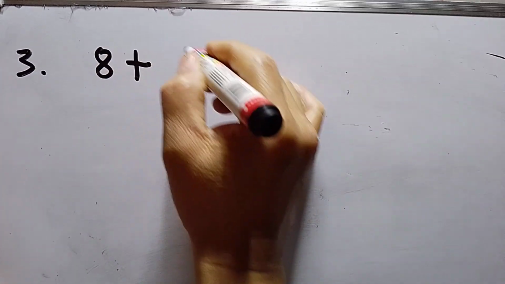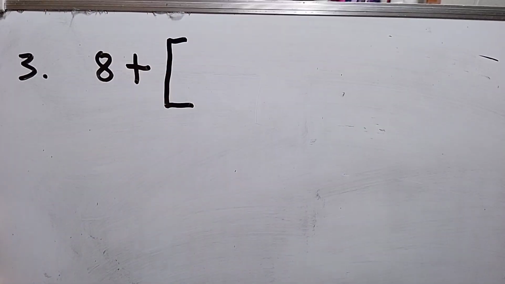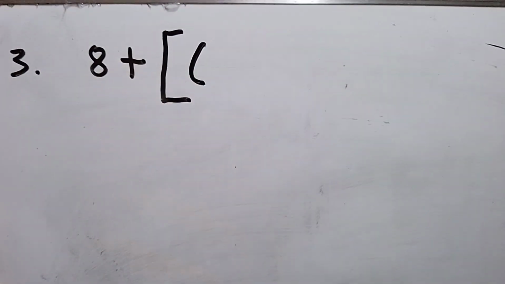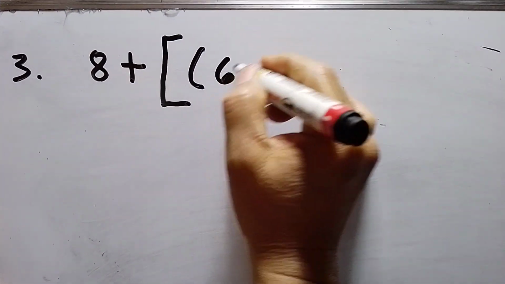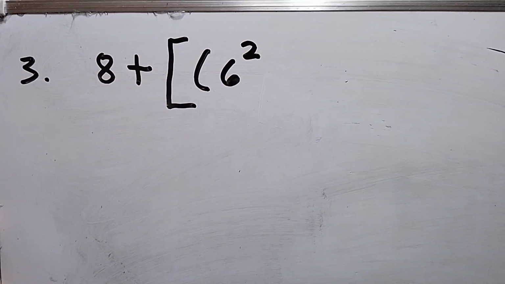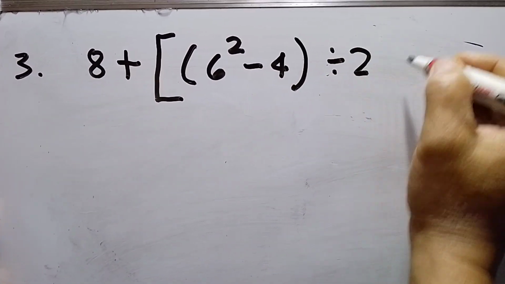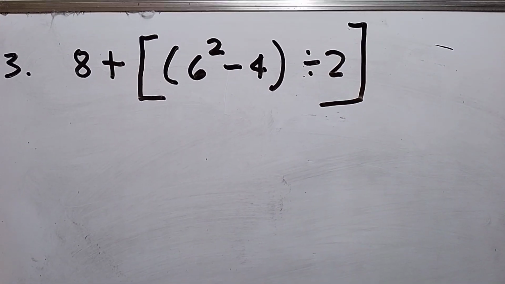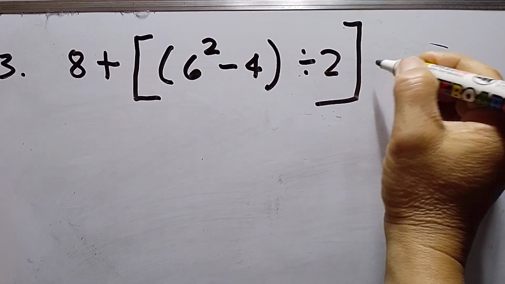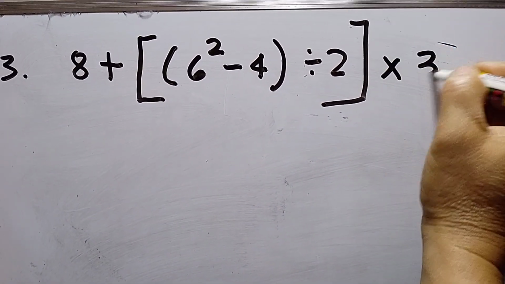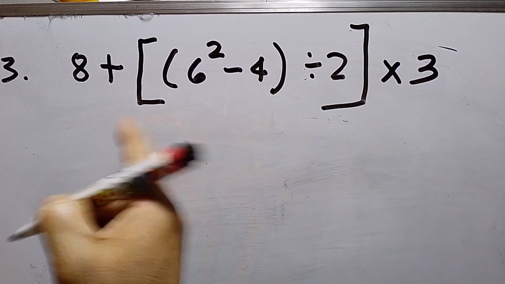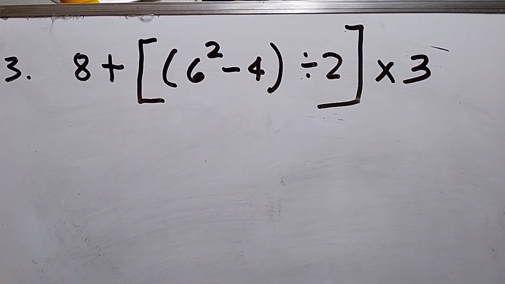8 plus square brackets, and then inside there is a round brackets 6 to the power of 2 minus 4 divided by 2, and then close bracket, times 3. So simplify first inside the square brackets.